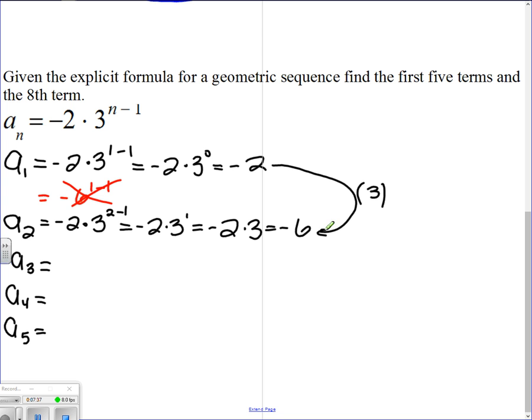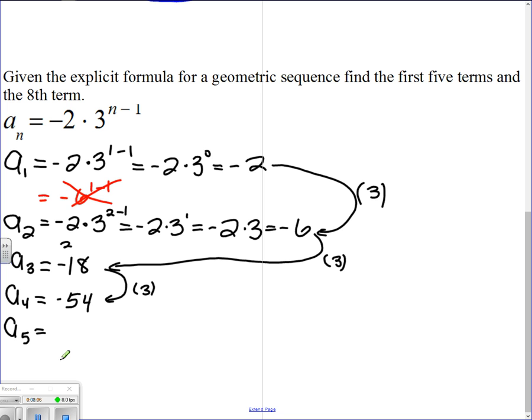So I'm just multiplying by 3, and that's how I get the next number. So multiply this by 3. Negative 6 times 3 will give you negative 18. Multiply this by 3. 3 times 8 is 24, 4 and carry your 2. 3 times 1 is 3, and 2 is 5.